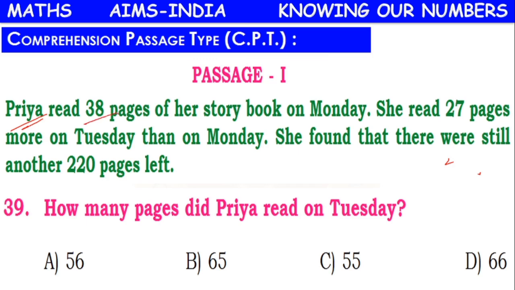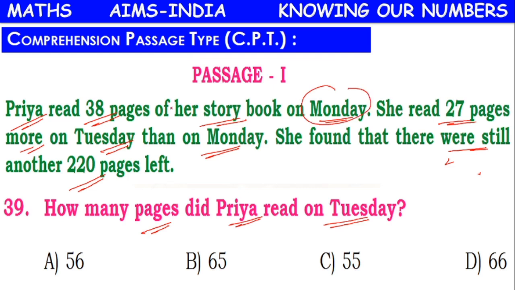Priya read 38 pages of her storybook on Monday. She read 27 pages more on Tuesday. After Tuesday, she found that there were still another 220 pages left. How many pages did Priya read on Tuesday? On Monday she read 38 pages.